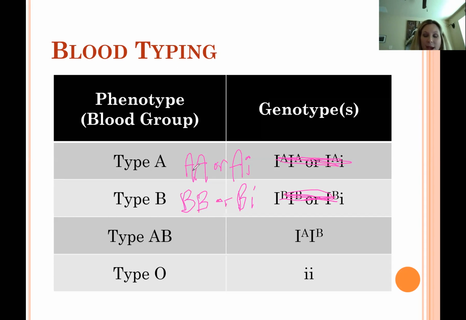Type AB blood type can only be one thing. They got a dominant A from one parent and a dominant B from the other. All right. Type O blood type can only mean one thing. They got two little I's, one from each parent. All right, so now that we have that done, I'm going to move on to the next slide.